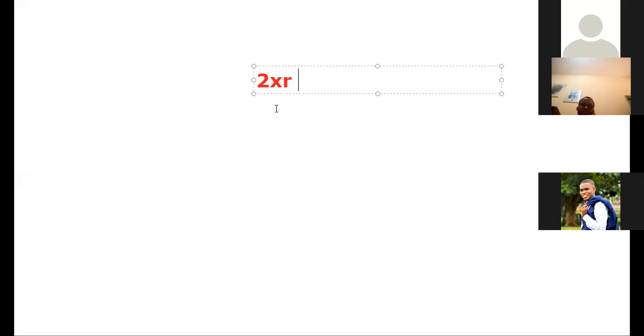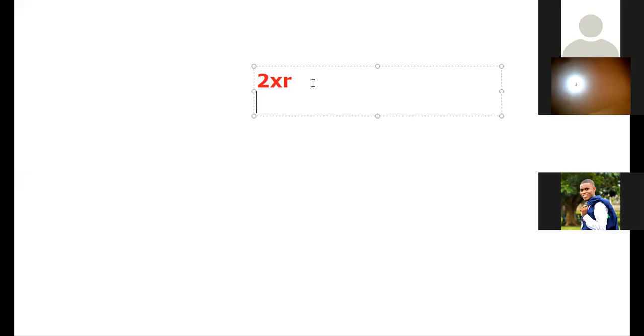That is 2 times pi times the radius. So we are multiplying the radius by 2 before the pi. Therefore, if you are given the diameter and not the radius, you'll be having pi d. Yes. Is that okay?